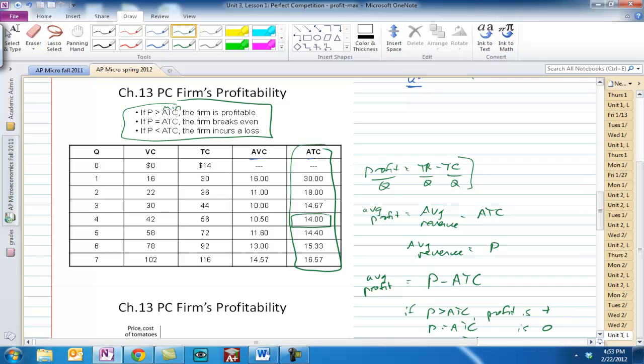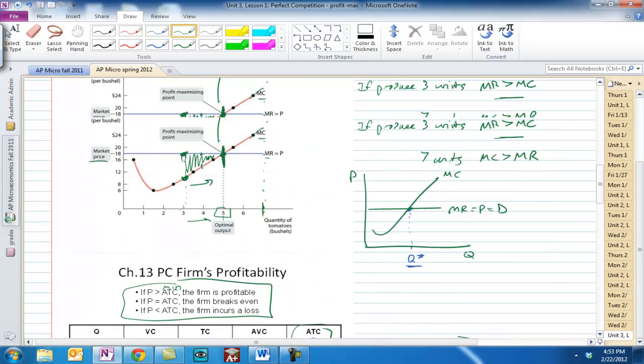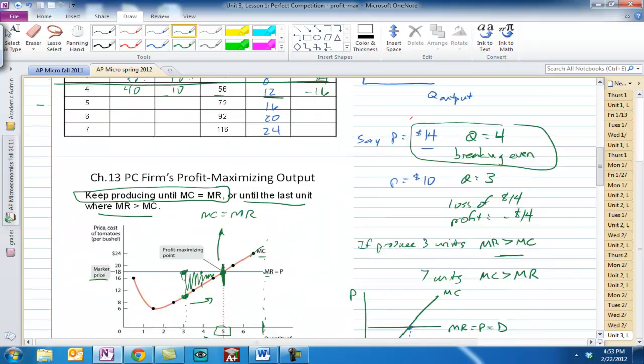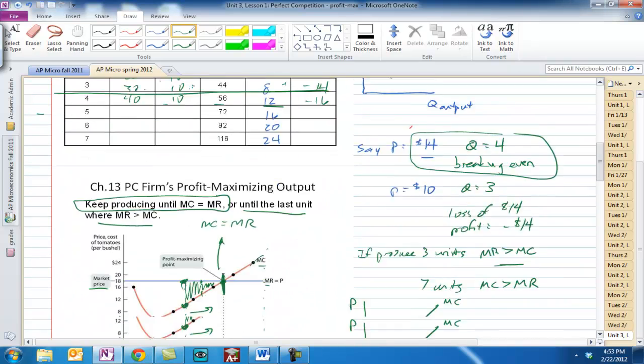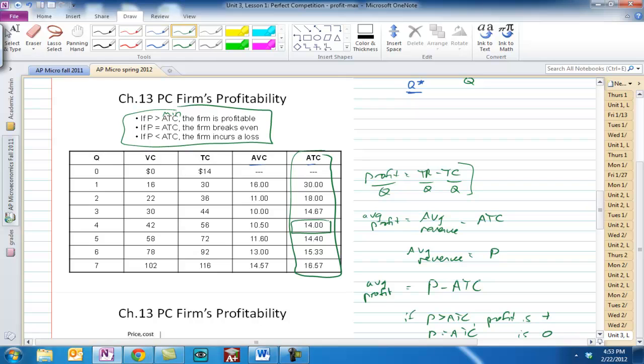When the market price was $18, the firm produced 5 units. The average total cost of production of those 5 units was $14.40. We're not always going to produce at the minimum average total cost amount. 5 is still the profit maximizing quantity, but 18 is greater than $14.40.